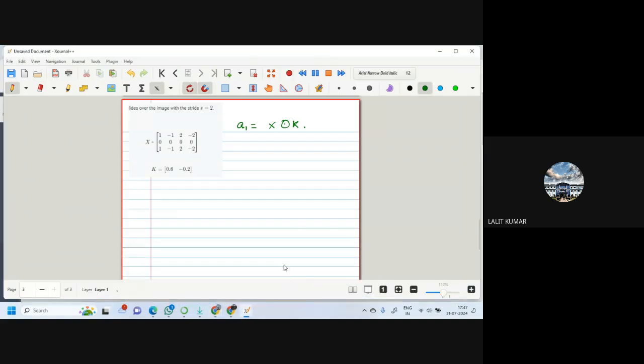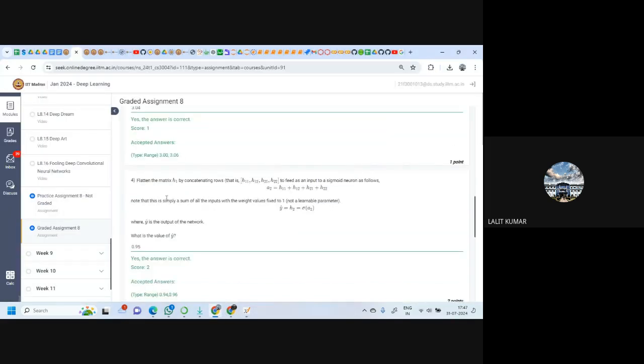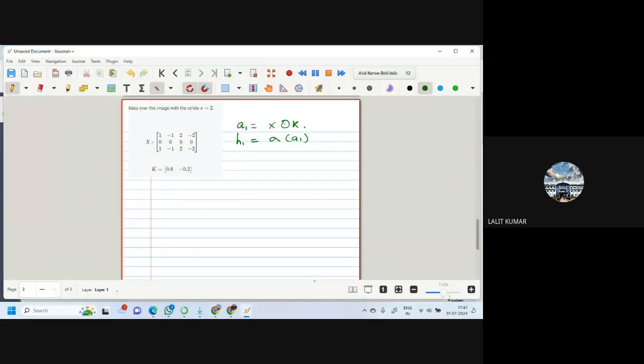So now they have done h1 is equal to sigmoid of a1. Then they have flattened the matrix, taken the sum, and y hat is the sigmoid of the sum. Y hat is equal to sigmoid of the sum of h1. Is it making any sense to you, till now?